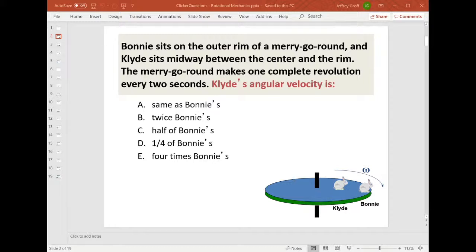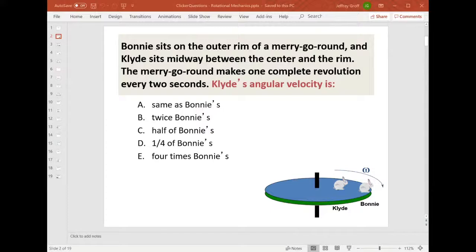So, can you figure out what the angular velocity is? One revolution every 2 seconds. That's a measure of angular speed in revolutions per second, but we want units of radians per second. If you complete 1 revolution every 2 seconds, you go 2 pi radians every 2 seconds.